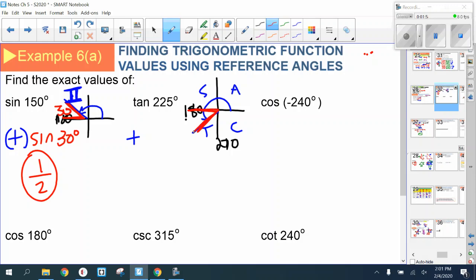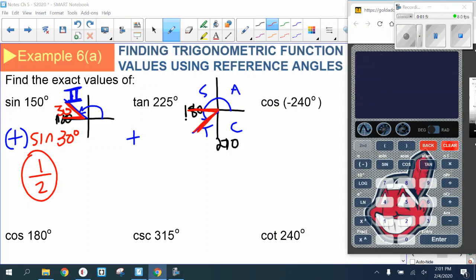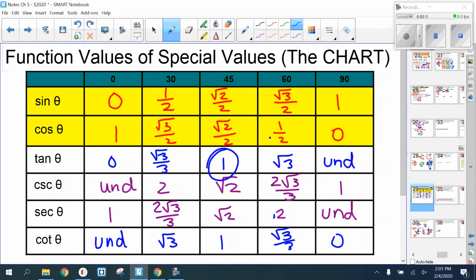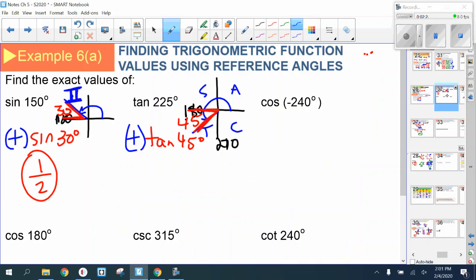Basically that's how far away from the x-axis am I. So if you need a calculator, you can do 225 minus 180, but you need to get to where you can do that in your head. That's 45. You're going to see the same numbers over and over and over again. So it's like we've got a positive of whatever tangent 45 degrees is. So again, you go back to the chart, tangent 45, straight out of that chart, is 1. So we've got positive 1.